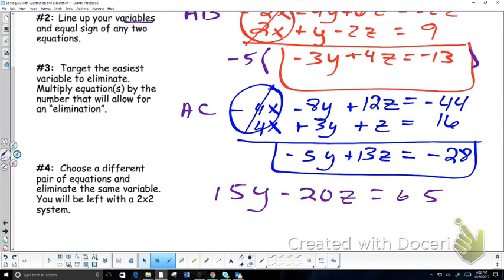Then I'm going to take my other one and multiply it by 3, which will give me negative 15y, which now eliminates my y's, plus 39z equals negative 84.